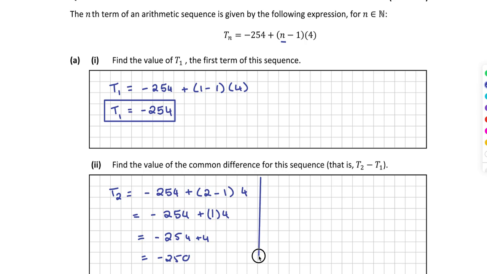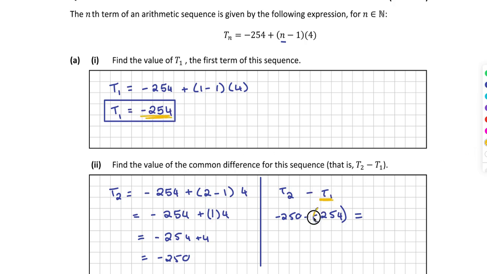Now what do I do with that term? Well, I do term 2 take away term 1. Term 2 is minus 250. Term 1 is going to be minus 254. If I get the difference between them, I have to be really careful because term 1 was actually a negative itself.